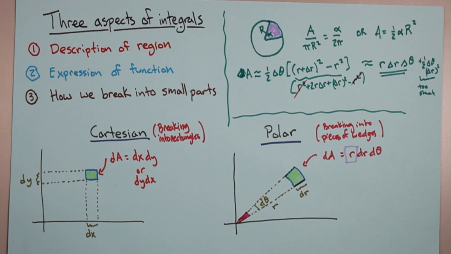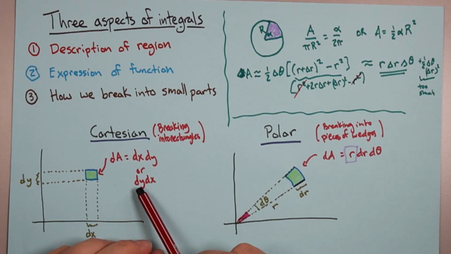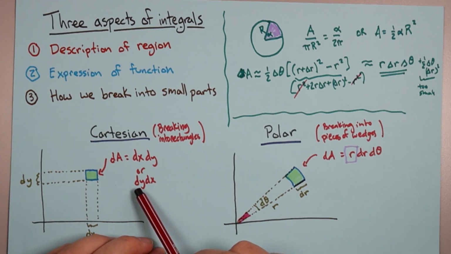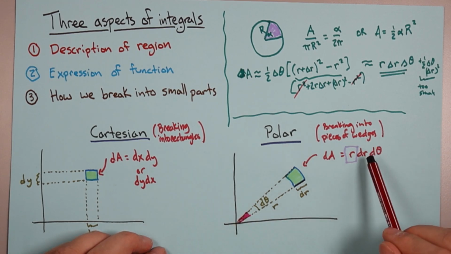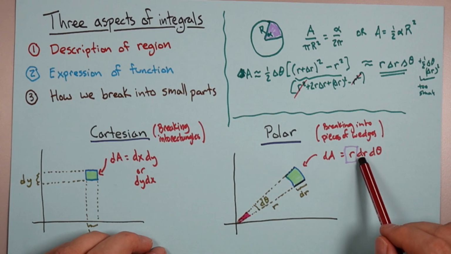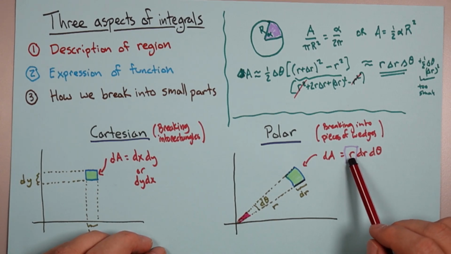Now here's a second reason. When we're thinking about an area, intuitively you should have 2 measurements of distance. In Cartesian, we have a change in y, which is a change in distance, and a change in x, again a change in distance. Now, dr is a change in distance, so it's a measurement of distance. r, again, is a measurement of distance.